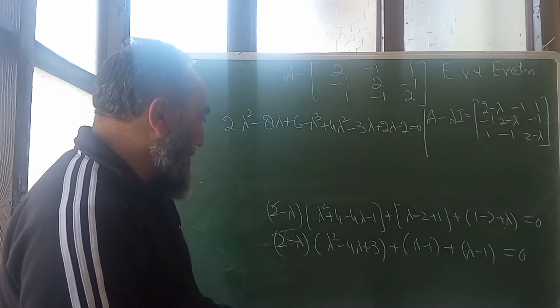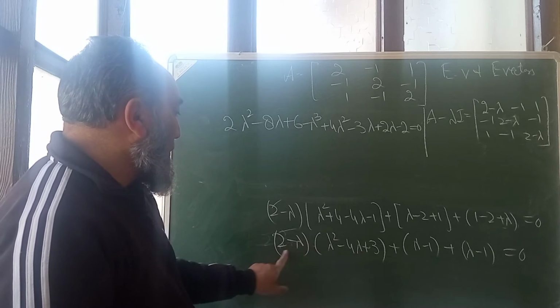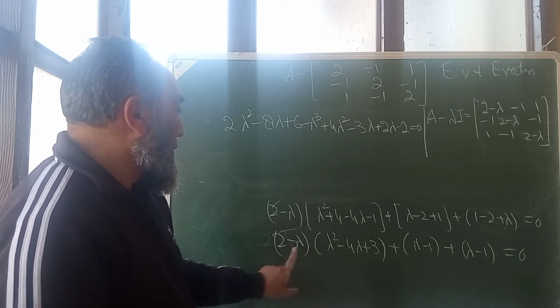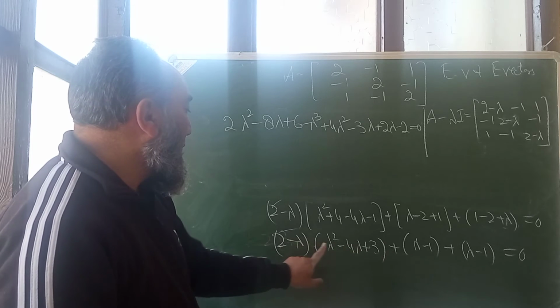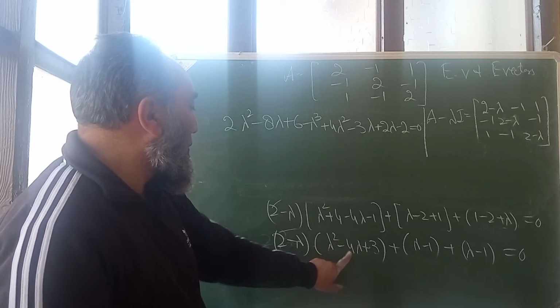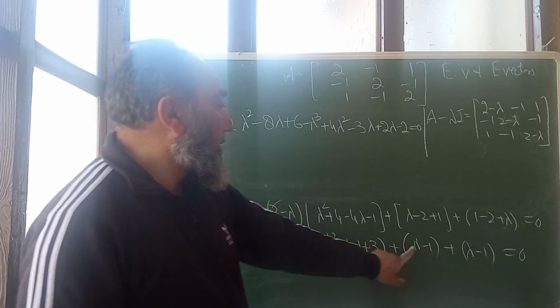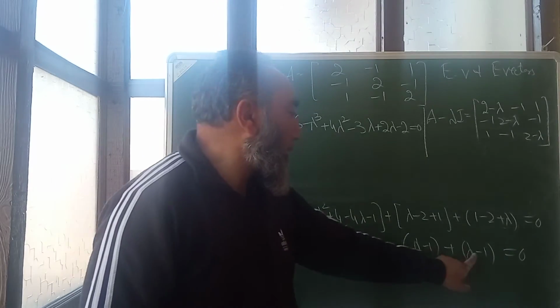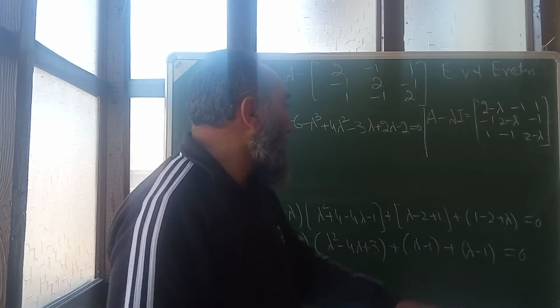Fine. 2 lambda square, 2 4 8 lambda, 2 3 6. Then minus lambda cube plus 4 lambda square minus 3 lambda. Then lambda plus lambda is 2 lambda and minus lambda is minus 2 lambda.